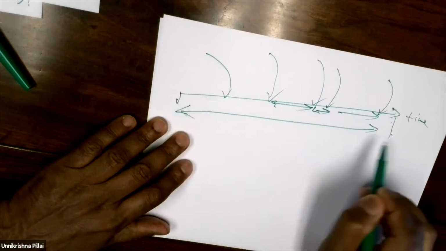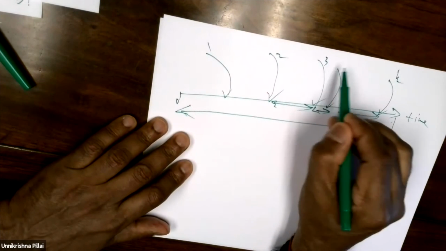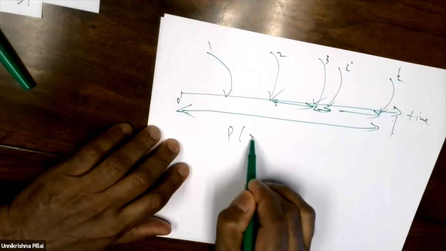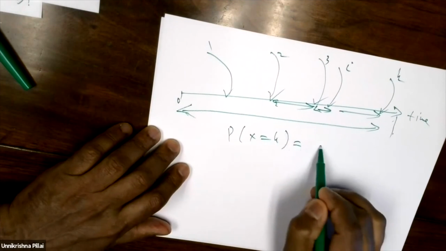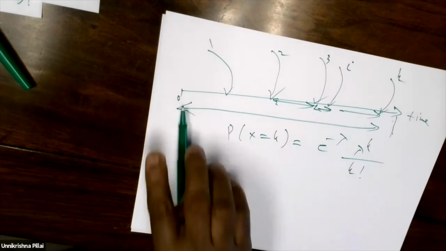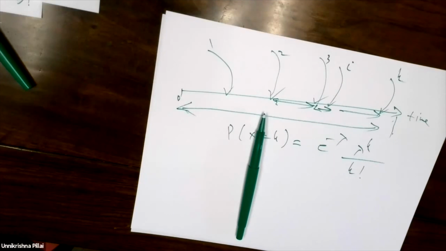If you start from 0, this is the first failure, second failure, third, ith, etc. What is the probability that the number of failures is k? That's e raised to minus lambda, lambda to the k, over k factorial. So this comes up in many ways. The lambda, of course, has something to do with the duration that you are looking at.